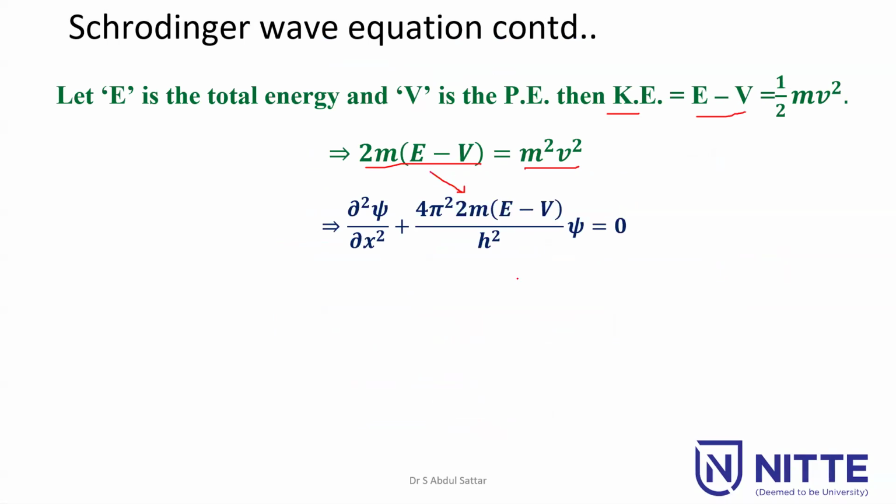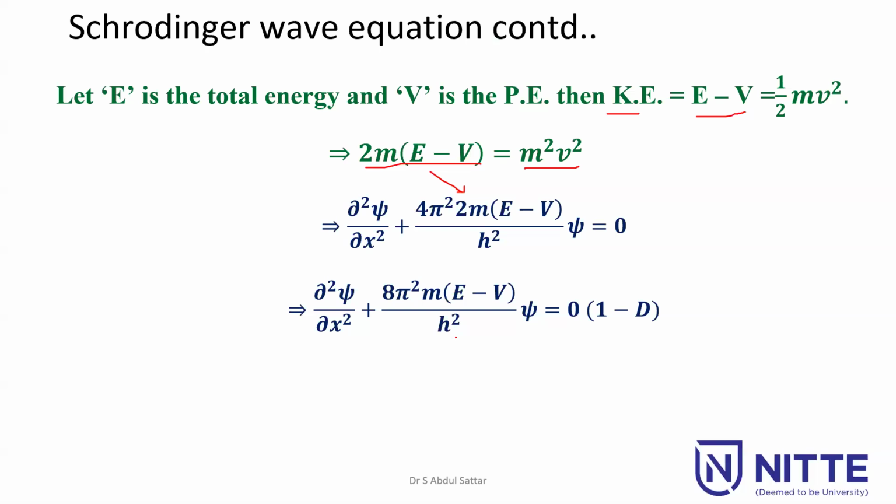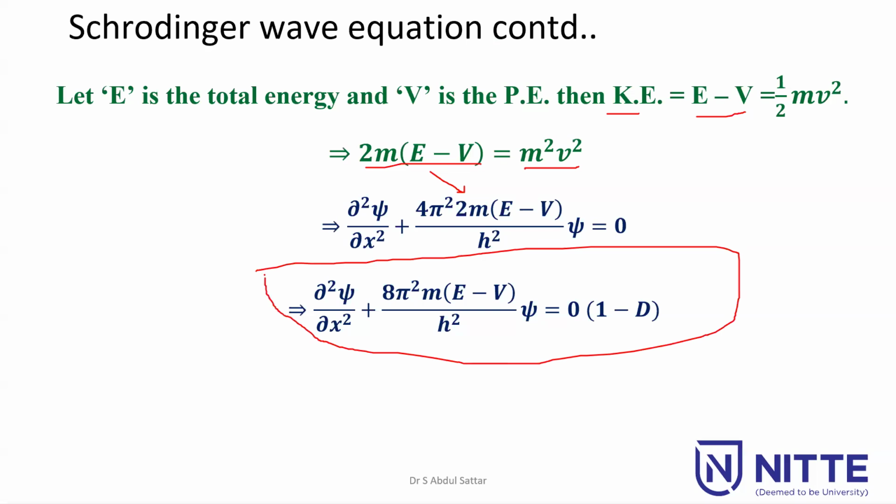Then that equation becomes 4π² × 2m(E minus V)/h² × ψ = 0. Then 2 into 4, 8: 8π²(E minus V)/h². So the final equation becomes ∂²ψ/∂x² + 8π²m(E minus V)/h² ψ = 0. This is Schrödinger's time independent wave equation in one dimension.